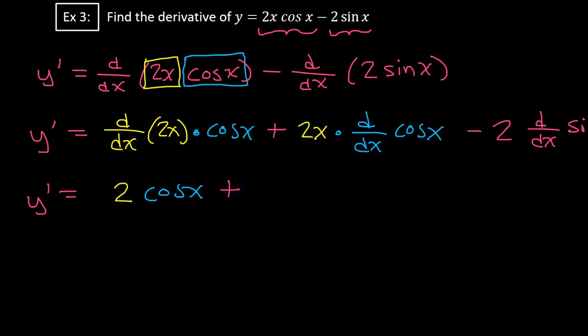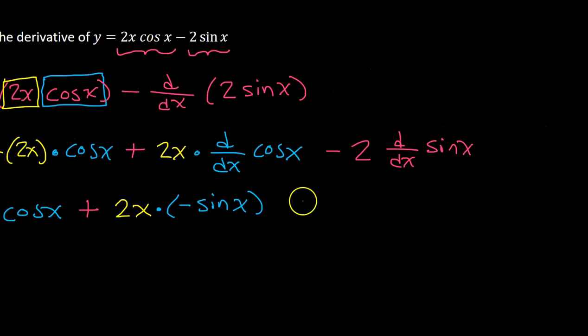Plus, and then I have the 2x, there's no d/dx, so I'm just going to bring down my 2x. Now I left this d/dx here to remind me that I need to do the derivative of the cosine. And this is just a rule that we memorized. The derivative of cosine is negative sine. So we will have negative sine x right now. I'm putting this in parentheses so it doesn't look like I'm subtracting. I want to make it clear that I'm multiplying times negative sine x.